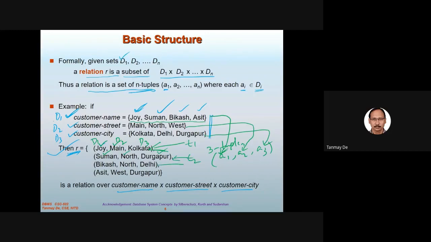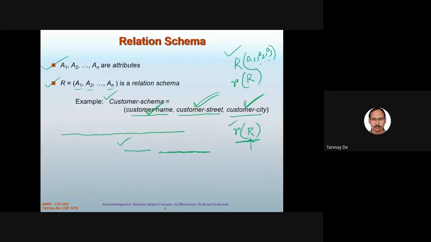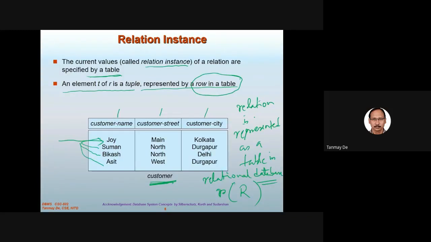This one is tuple T3, and this one is tuple T4. You can see tuple T4 is Osit, West, Durgapur. This is tuple T1, or in the case of a table, it is a row.